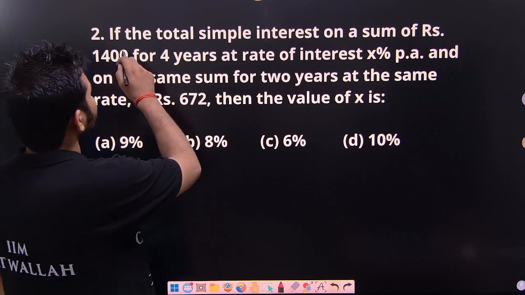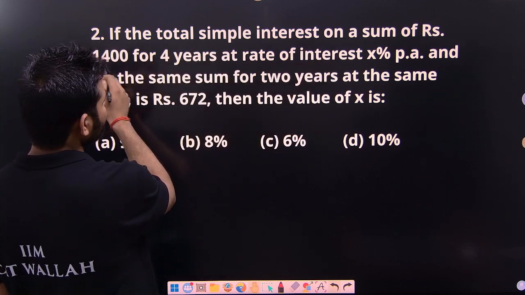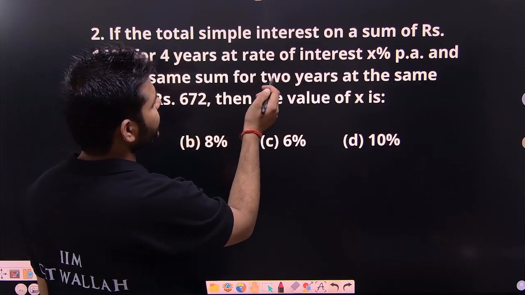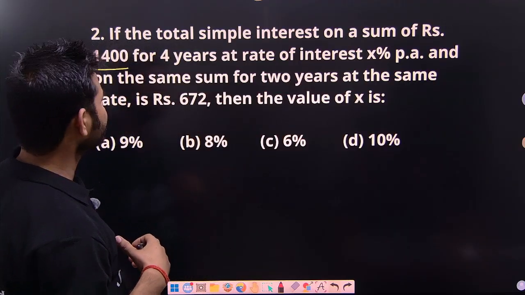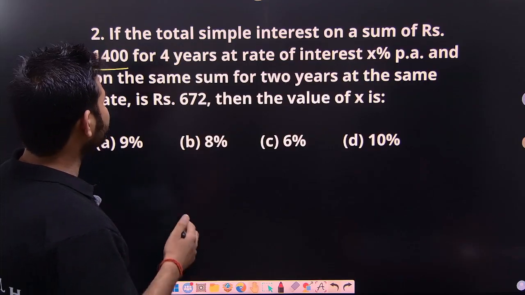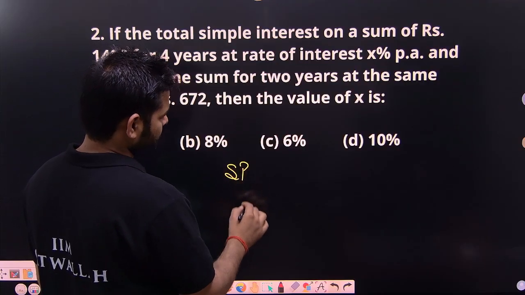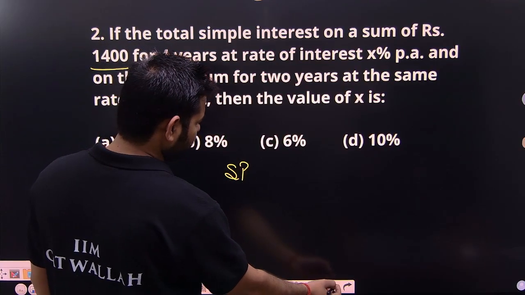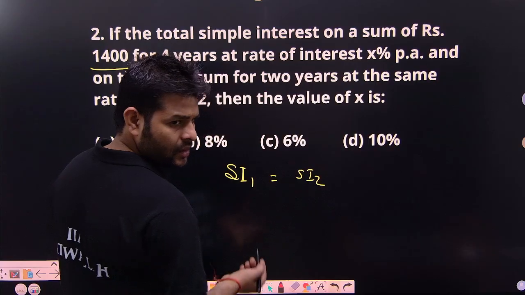So basically simple interest SI1 and SI2.